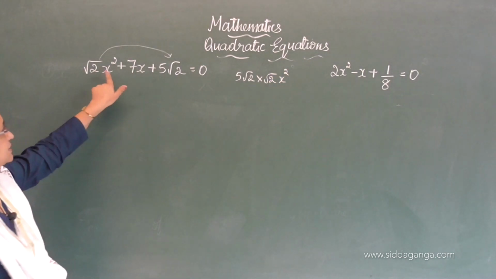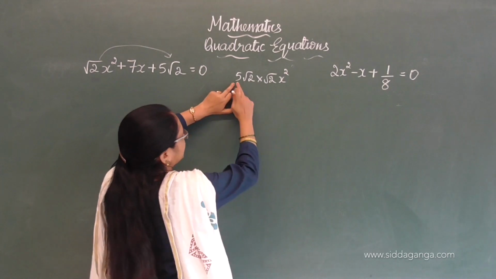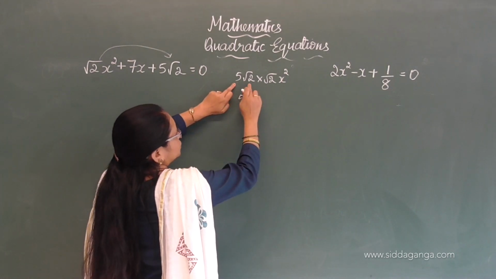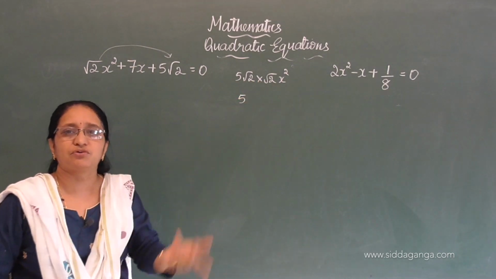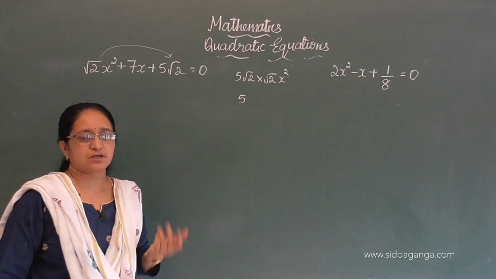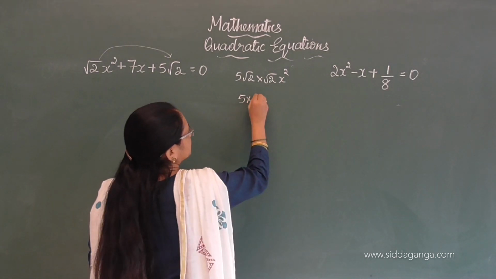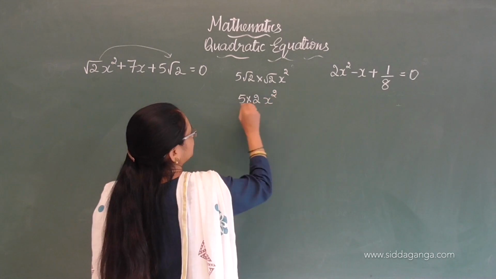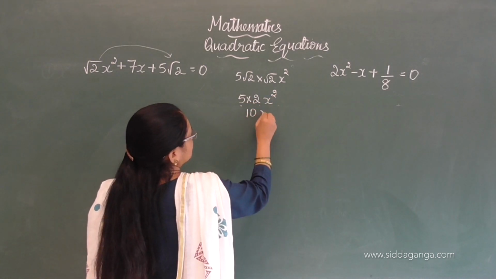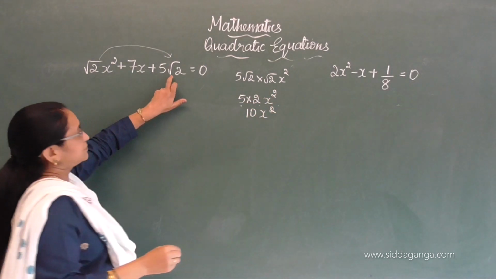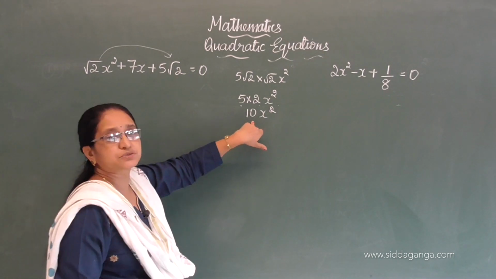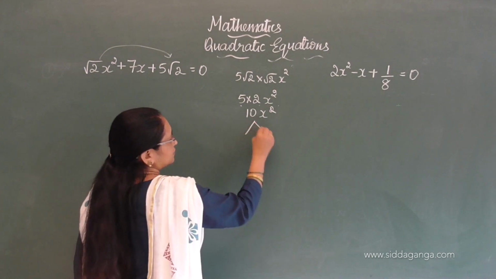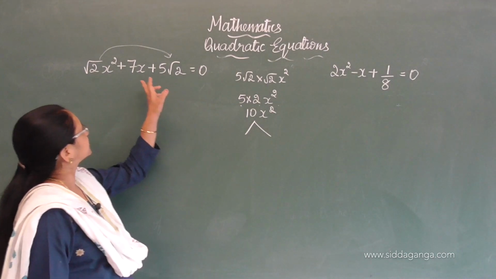So, when you multiply these two, you will get 5 root 2 into root 2 is root 4. Root 4 means you all know 2, into x square. So, 5 2s are 10. So, what is the third term here? Here it is 10x square. Now, you try to divide this. I hope you understood. Once again I will let you know.